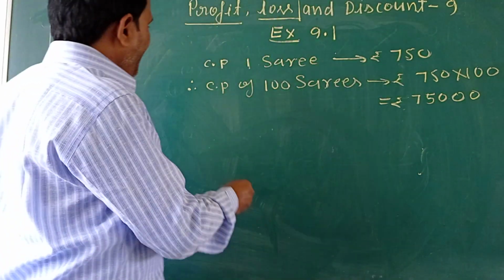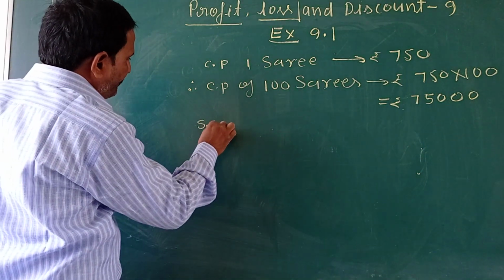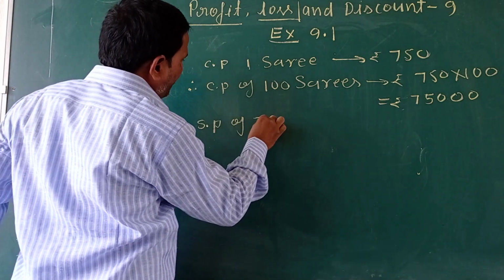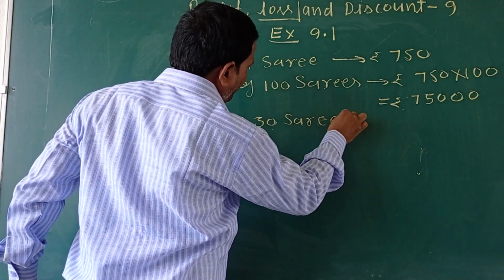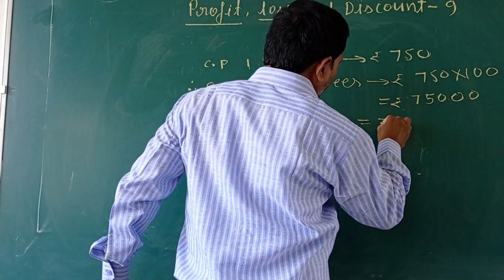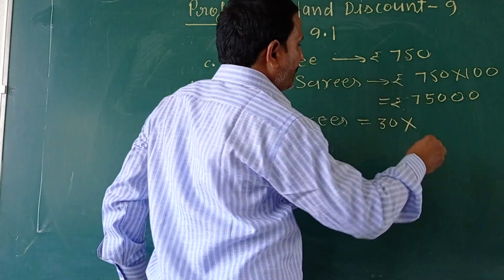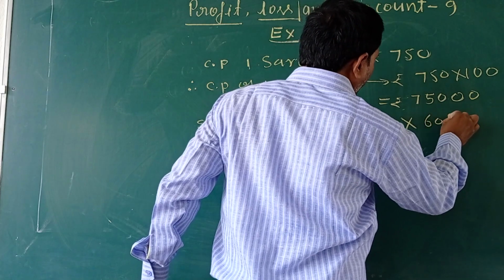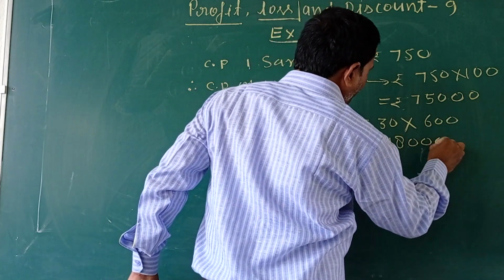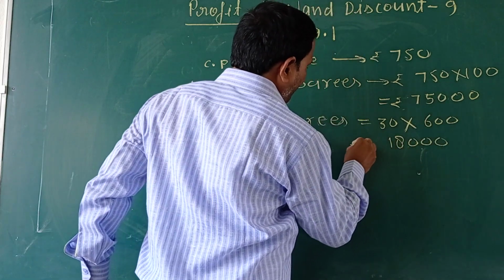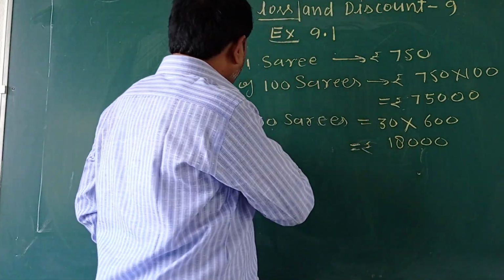Now ST of 30 sarees, 30 into 600 rupees each, means 18,000 rupees. This is the selling price.